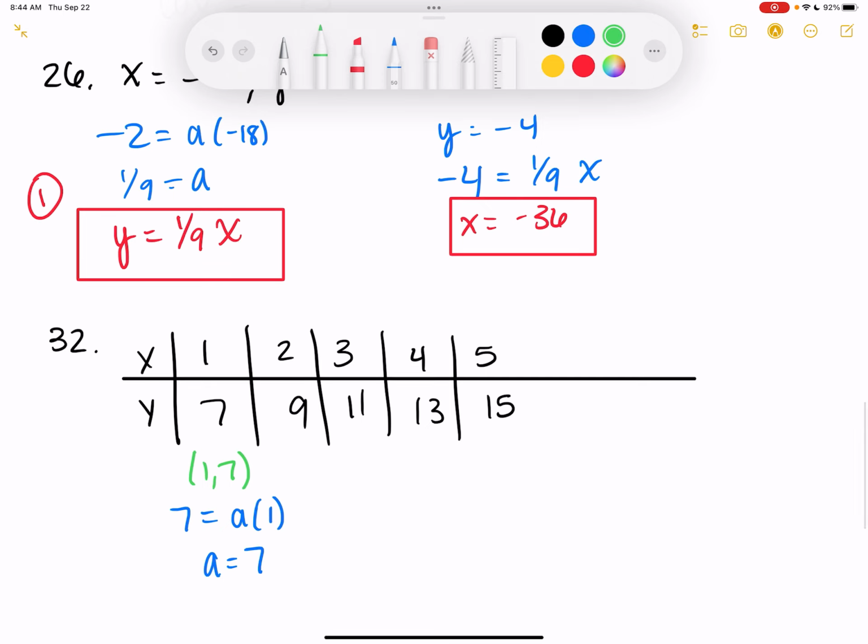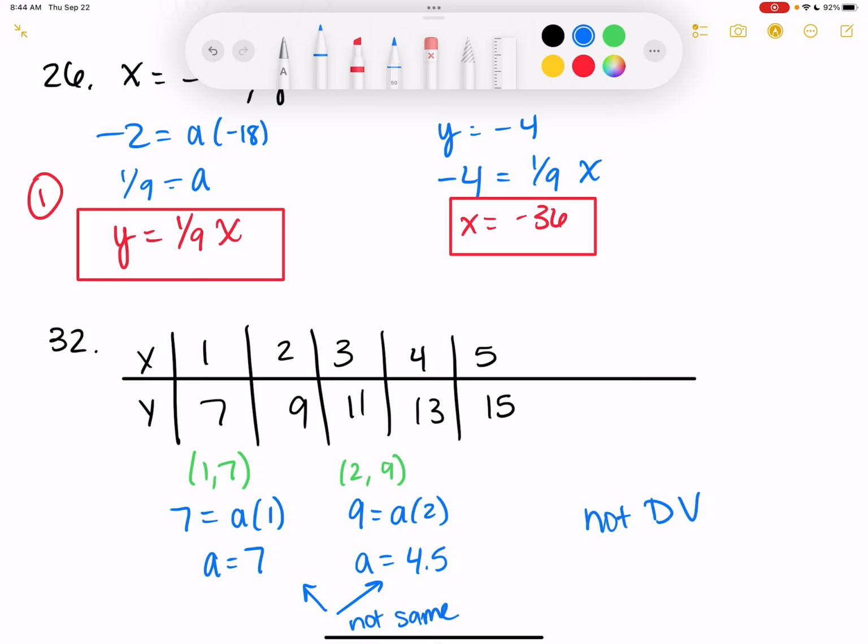If we checked 2,9 because it's the next one, then we would have 9 equals a times 2, which means a is equal to 4.5. Since those are not the same, this is not direct variation.